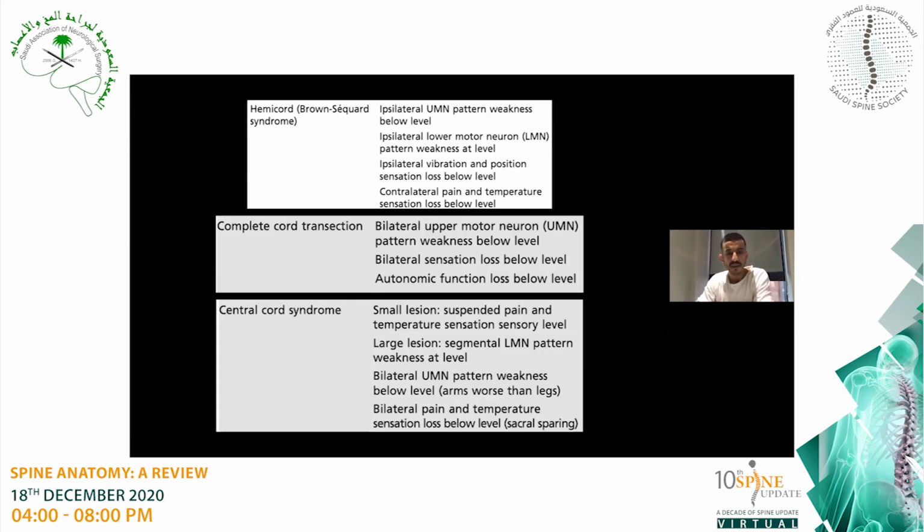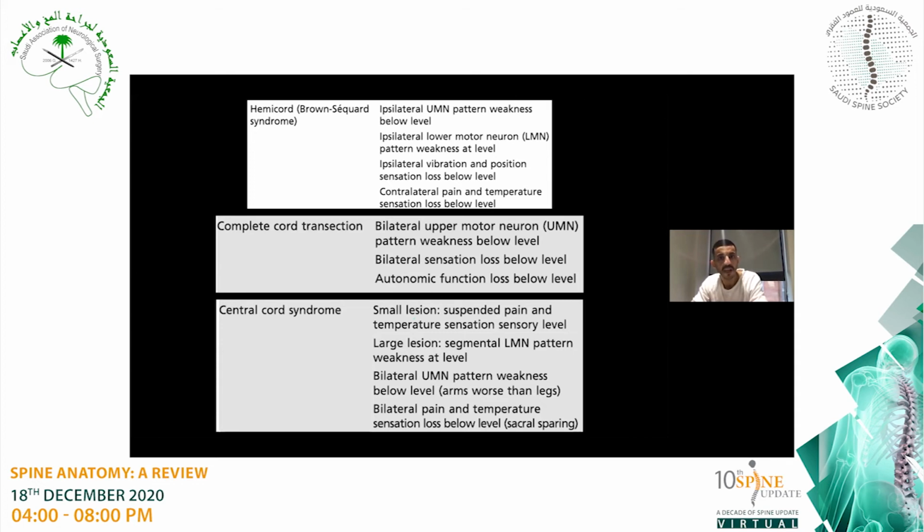So we'll go one by one through some clinical applications. The first one, Brown-Sequard syndrome. I'll explain each finding for these cases. In Brown-Sequard syndrome, they have an ipsilateral upper motor neuron lesion because it affects the corticospinal tract, okay? Same thing, the patient will have an ipsilateral lower motor neuron lesion because of affecting anterior horn cells, okay?